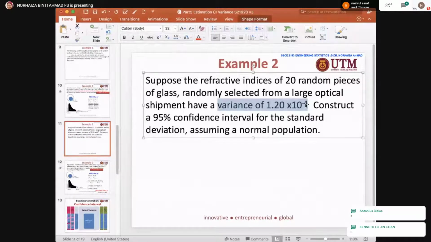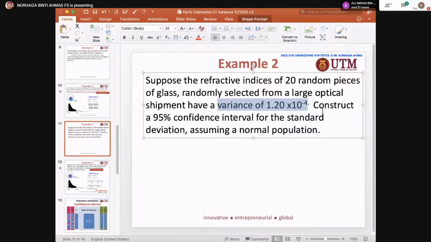Okay, it's not s, it's s squared, because it's the variance of the 20 pieces. So construct a 95% confidence interval for the standard deviation, assuming a normal population. So here you want to construct the confidence interval for standard deviation, not variance. In example 1, it wanted the variance. Now it wants the standard deviation.